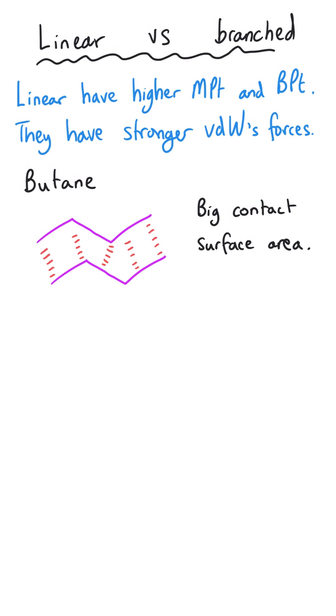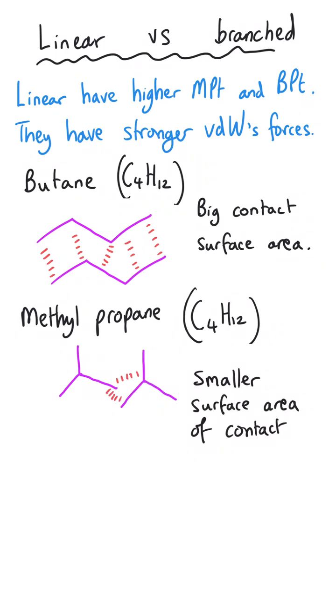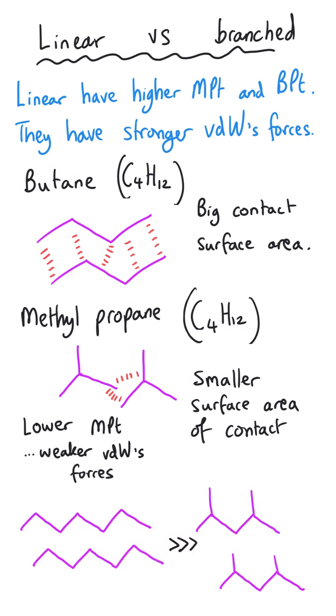If we have methyl propane, which has the same molecular formula, this structural isomer can't quite tessellate so nicely, the molecules don't fit together so well, and there is not such a good surface area of contact between these molecules, and so as a result of that, the melting point will be lower because the van der Waals forces will be weaker. And this pattern would carry on for larger molecules with more branching, and that difference in melting and boiling point would be more significant.